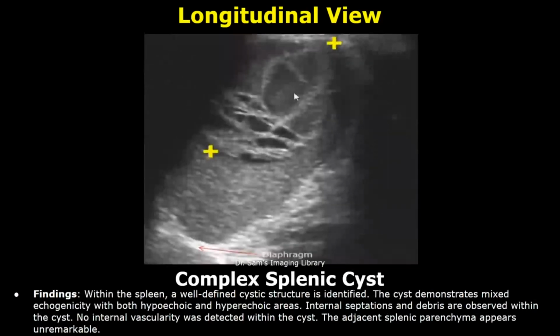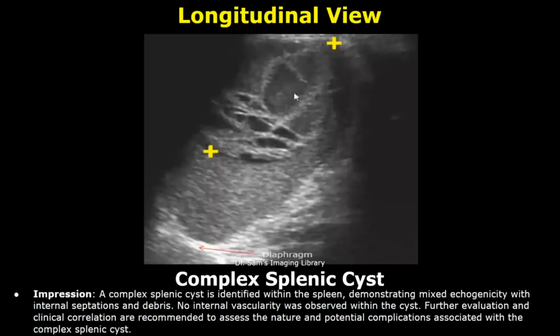Here is a case of complex splenic cyst. The cyst demonstrates mixed echogenicity with both hypoechoic and hyperechoic areas. Internal septations and debris are observed within the cyst. No internal vascularity was detected within the cyst.